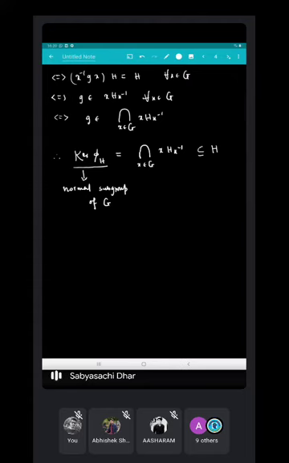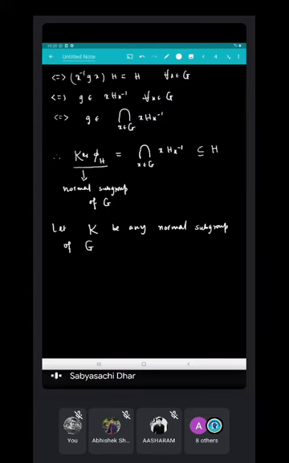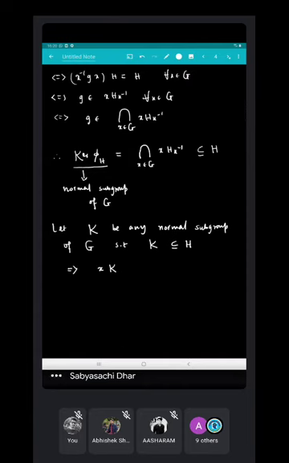Now, if you take K to be any normal subgroup of G such that K is contained in H, this implies that xKx inverse is contained in xHx inverse for every x in G, and it is equal to K, right?